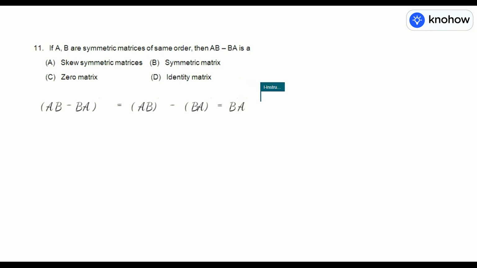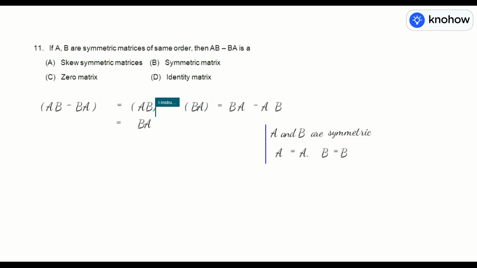So (AB) dash will be B dash into A dash and (BA) dash will be A dash into B dash, that is in the reverse order. Now as A and B are already given to be symmetric, so A dash can be replaced by A and B dash can be replaced by B. So you get here BA minus AB.